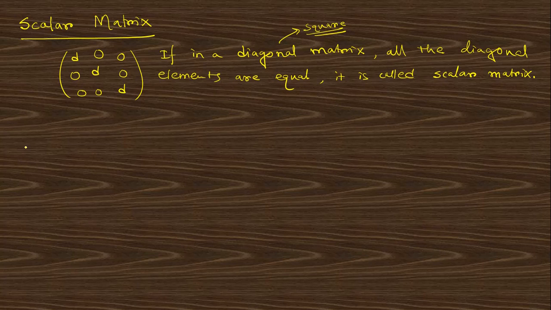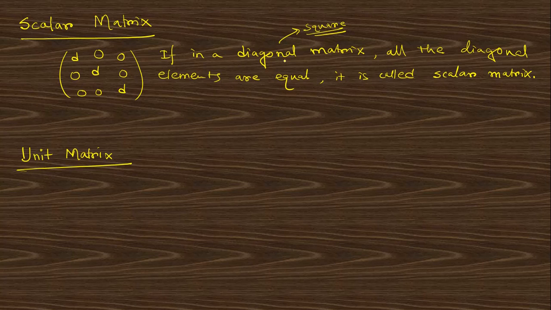Next one is the unit matrix. What is the unit matrix? In the scalar matrix, if these elements are 1. For a diagonal matrix, only these elements are present, and they can be different.